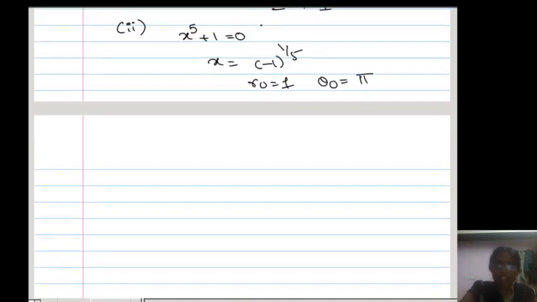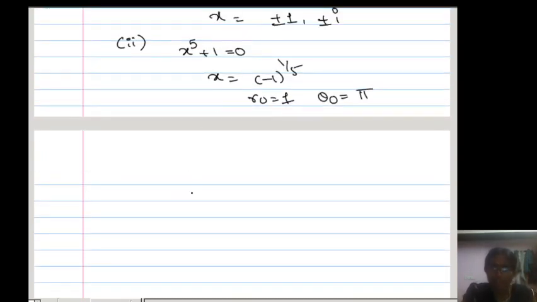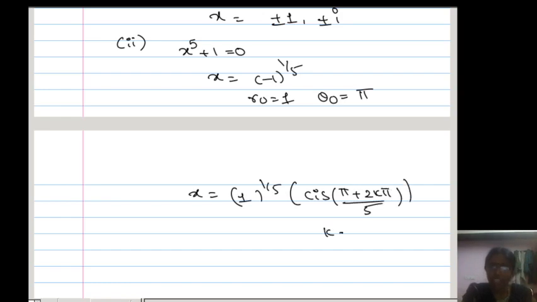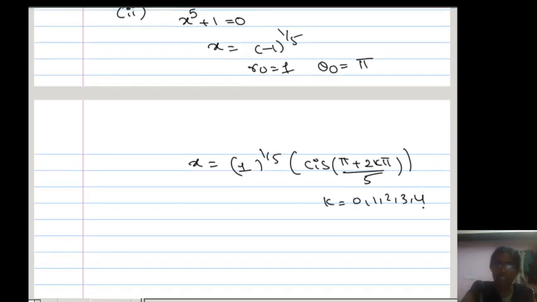So now, x is equal to what? Here, r naught power 1 by n, cis of theta naught, means pi plus 2k pi by 5, where k is equal to 0, 1, 2, 3 up to 4, because n minus 1.